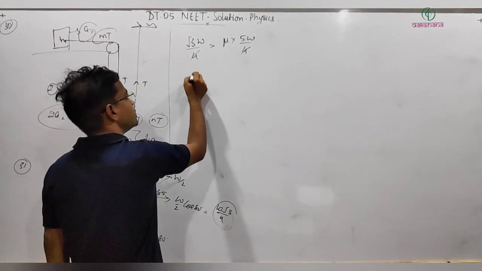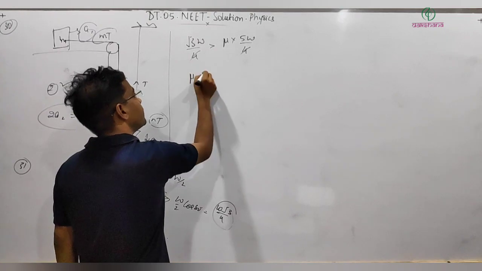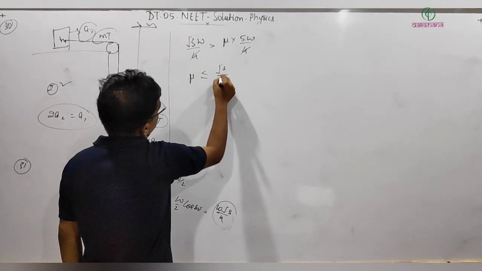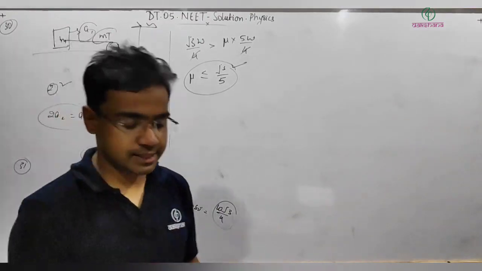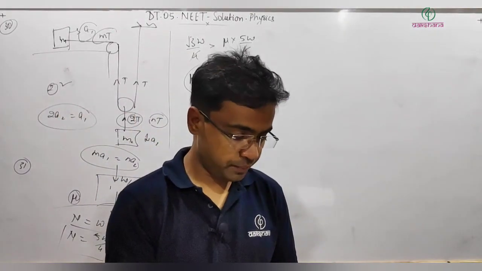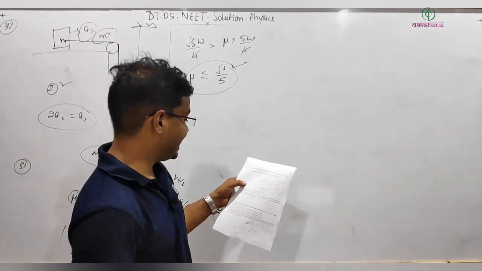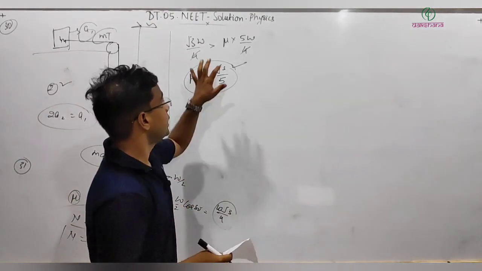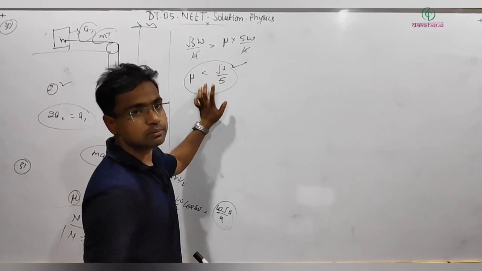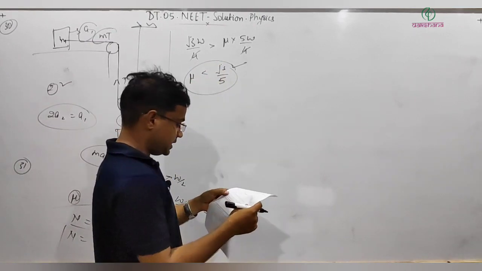So that means mu must be less than root 3 by 5 for the block to move. That is the condition. Now the rest we can check with the options. For mu greater than root 3 by 5 the block will move? No, for mu less than this the block will move, so the first option is not correct.